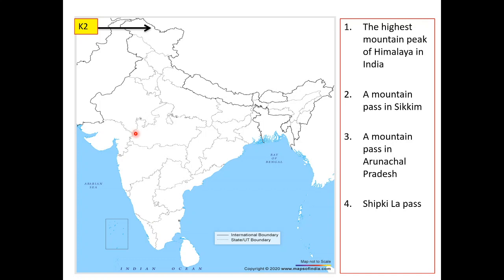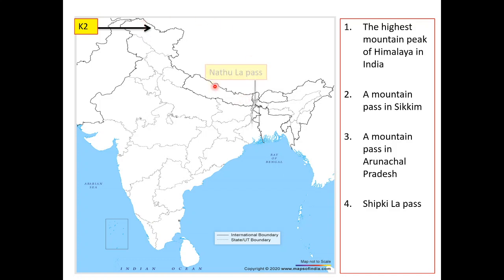Mount Everest is the highest in the whole world, which is in Nepal. But when it comes to India, we have K2. After that we have Kanchenjunga. Kanchenjunga is in Sikkim. This is the second highest mountain peak in India.